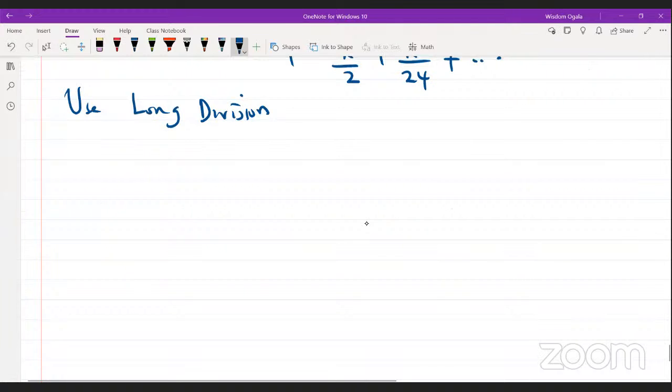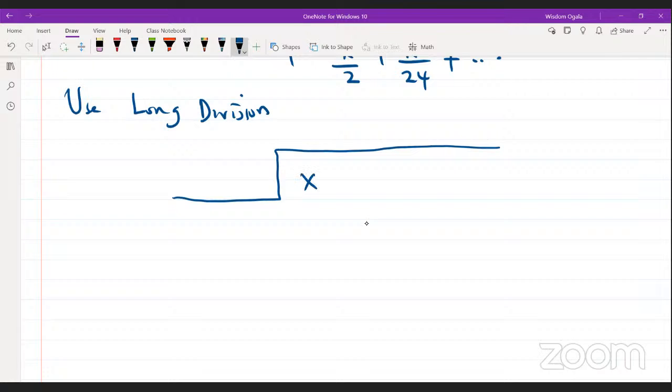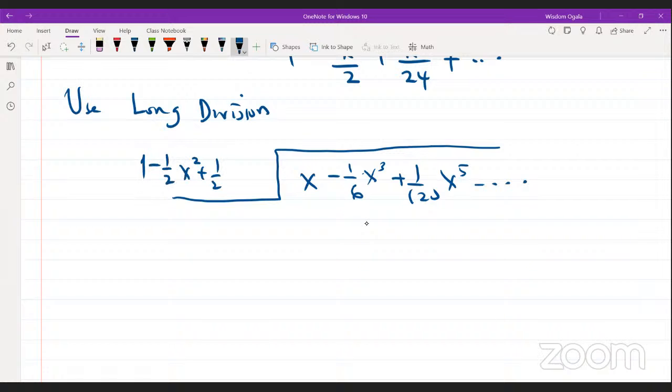So that is us trying to do this: x minus 1 over 6 x cubed plus 1 over 120 x to the 5th, on and on, divided by 1 minus 1 over 2 x squared plus 1 over 24 x to the 4th, on and on.